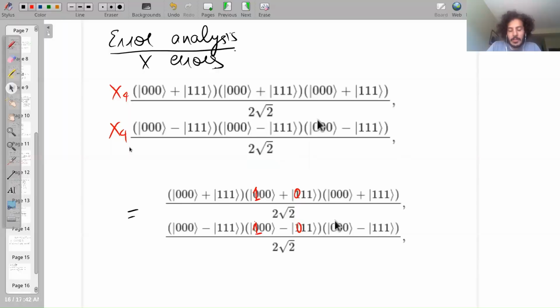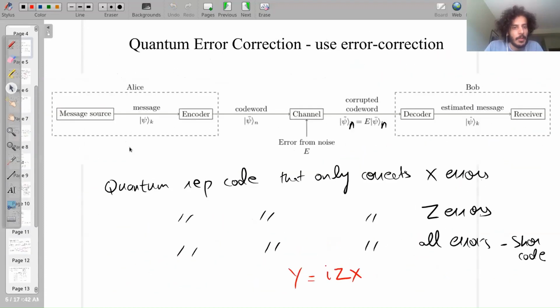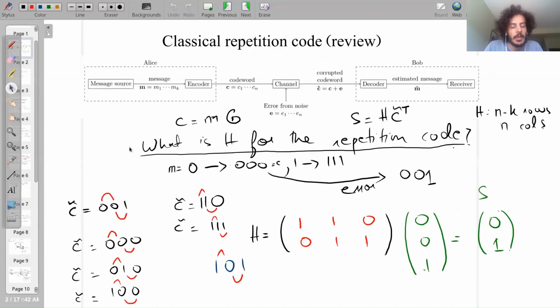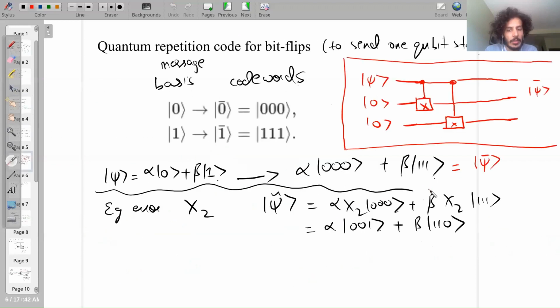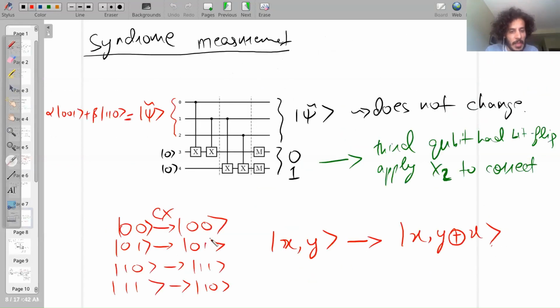So you're thinking of CNOT gates, but think about it at a high level. What did we do before? In the classical repetition case, we compared the value of bits, the first and the second and the second and the third. And that tells us where the error is. In the quantum error correcting example, we did the same thing.